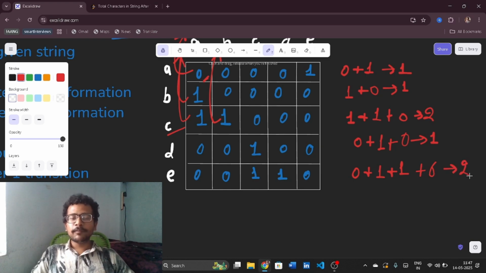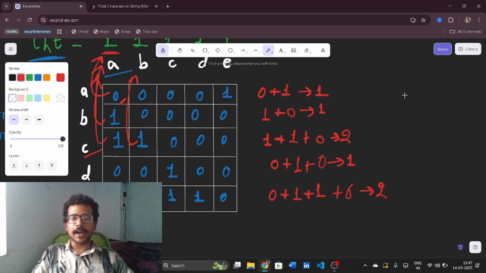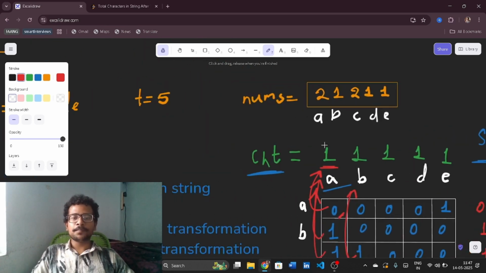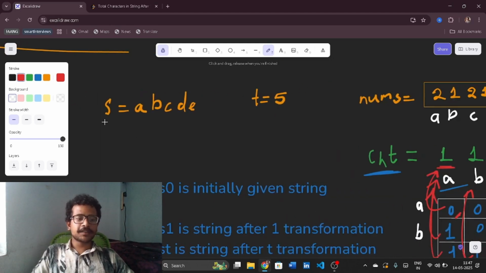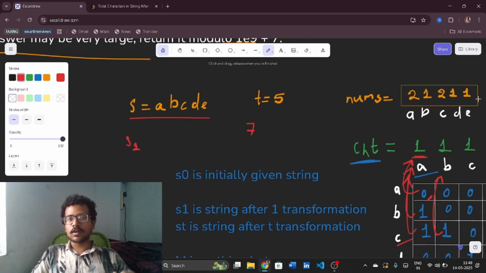Now I am telling you that the size will be 1 plus 1, 2 plus 2, 4 plus 1, 5 plus 2, 7. Let me check. Right. Now, S1, after one transition, I am saying that the size will be 7. So, after A, I got 2 consecutive characters.